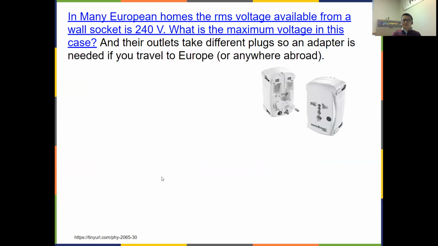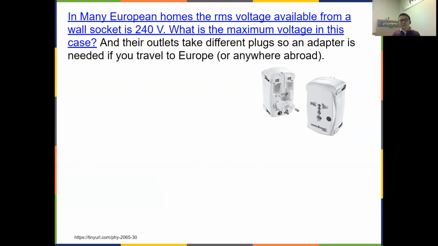All right, so this is the first example of the day. In many countries other than the United States, across the globe, different voltages are used. Here we use 120, but in European countries, most of them use 240. Somewhere else, people will be using 220 or 110. So anything between 100 to 240 could be possible as you travel abroad.